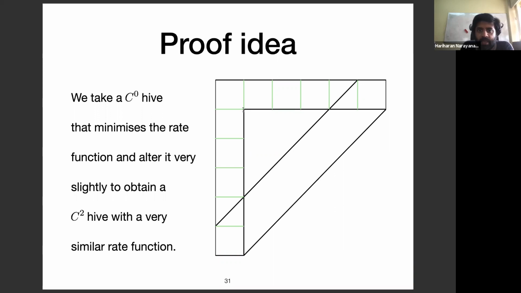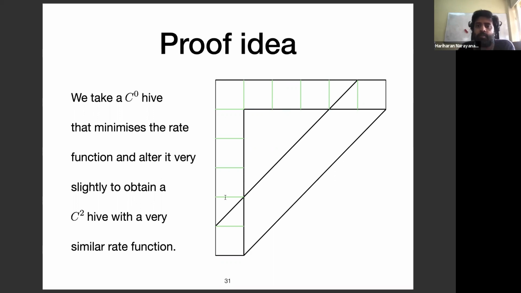I adjust things so that here the gradient is 0 and the value is also 0. Here also a constant along horizontal lines. And then I convolve this picture with a small bump function. That is C2. Also, I initially make sure that the boundary has a little bit of leeway. So I don't just put the C0 function here. I put the C0 function multiplied by 1 minus epsilon and then put it here. So I get a little bit of leeway in this process.